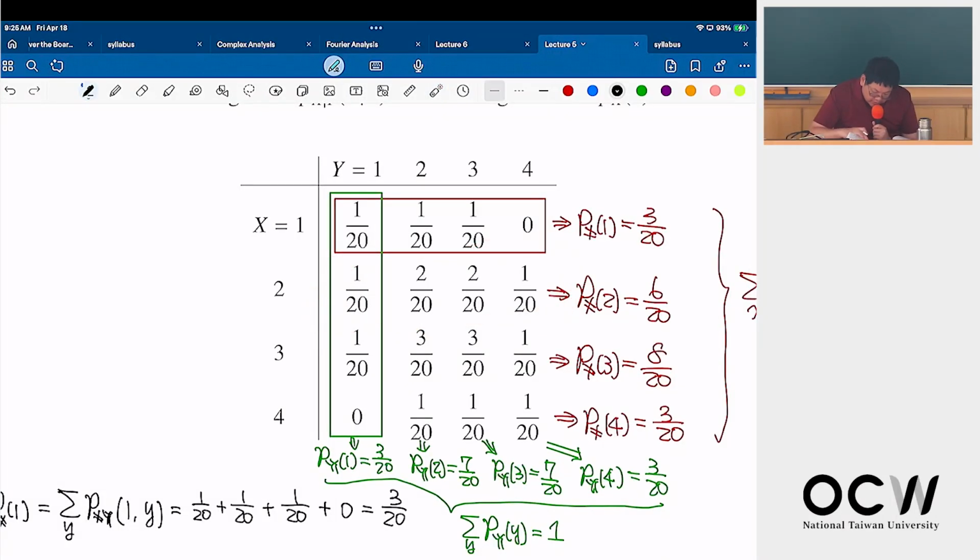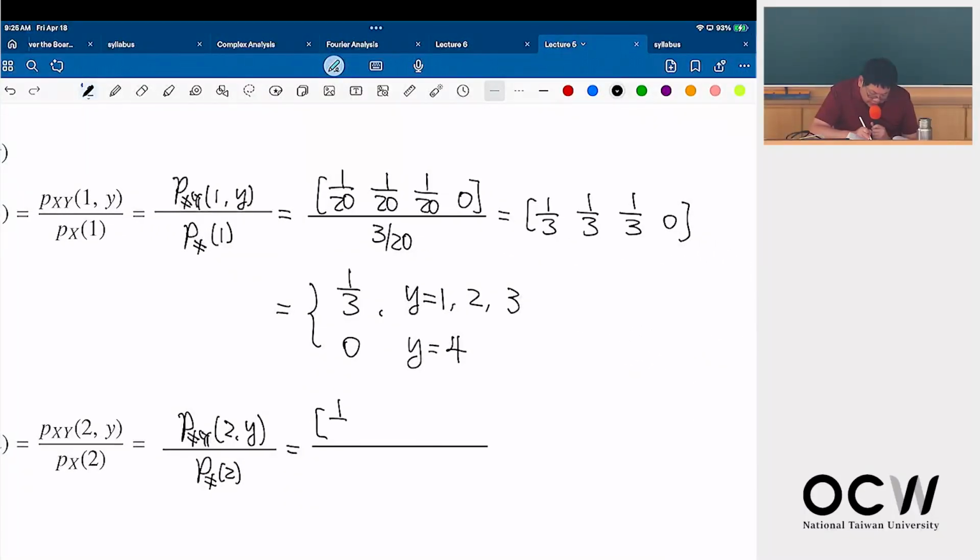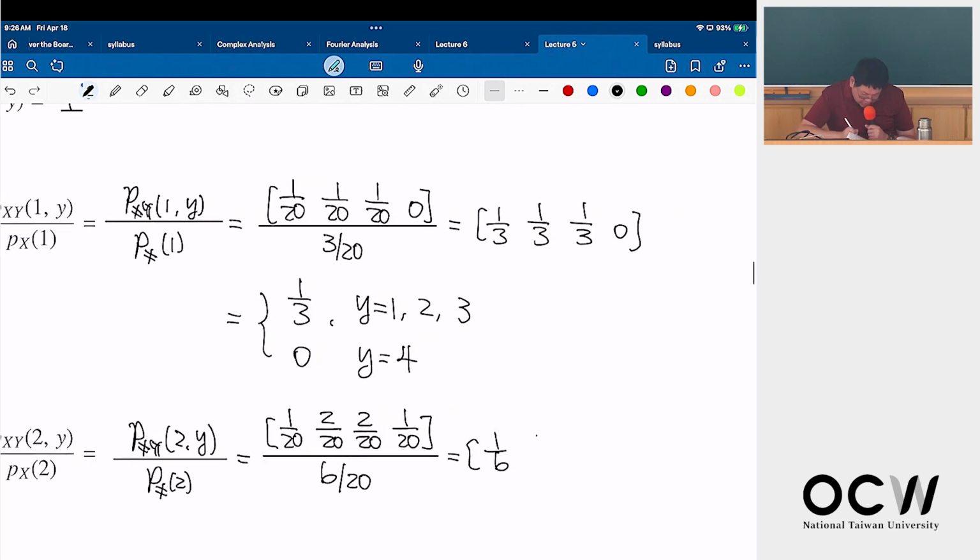For the second row, we have 1 over 20, 2 over 20, 2 over 20, and 1 over 20. So we will have 6 over 20. So here we have 1/6 and 2 over 6, 2 over 6, and 1 over 6.